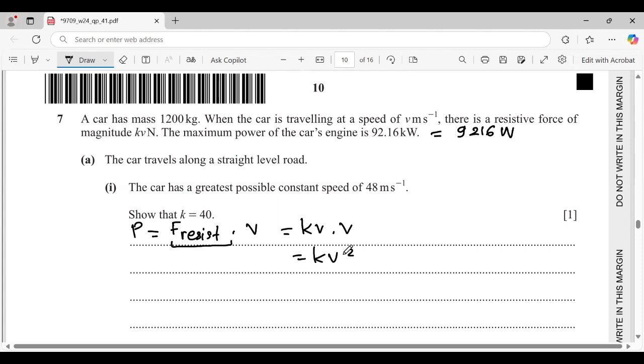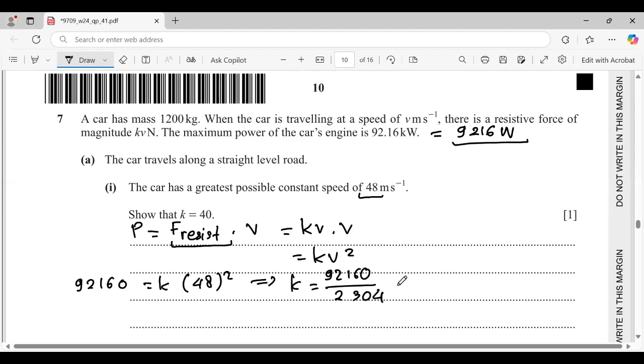Now substitute the values: 92,160 watts equals k times 48 squared, and you can find k equals 92,160 over 48 squared, 2,304. It is 40. So it's proven. Right.